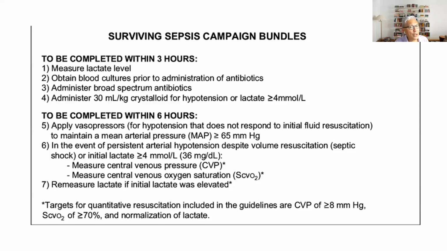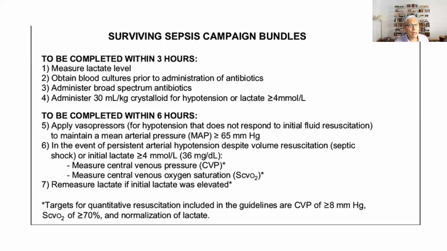And we're going to start resuscitation with fluids by giving 30 mL per kilogram of crystalloids for hypotension, or any time the lactate is over 4 or equal to 4 millimoles per liter.